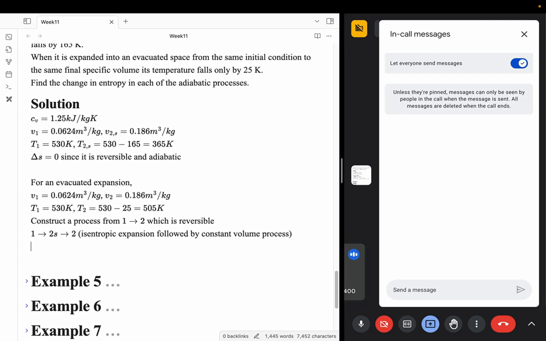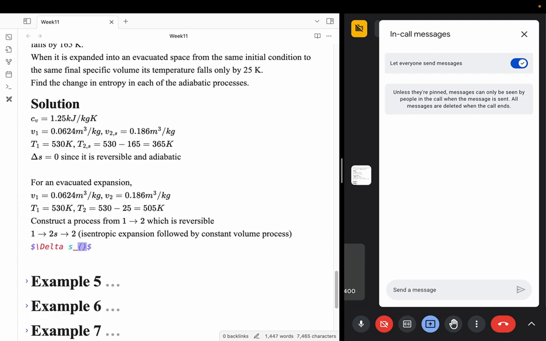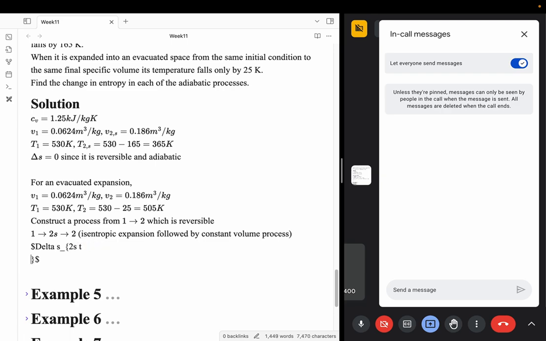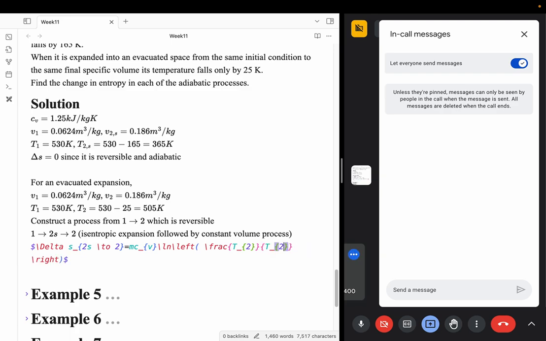So now, what would be the change in entropy for the second process? First process, delta S is 0. We already know that. For the second process, it's a constant volume process, so entropy changes by m Cv ln T2 by T2s.